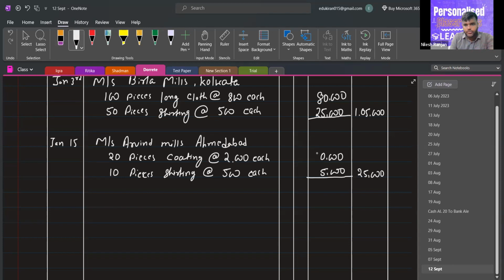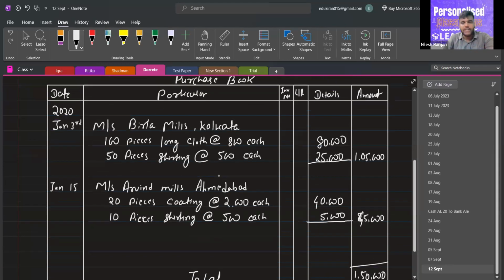Okay, so 40,000 and this will be 45,000. So total will be 1,05,000 and 45,000, 1,50,000. This is our total. Now, in this purchase book, there is one more thing that we can include.